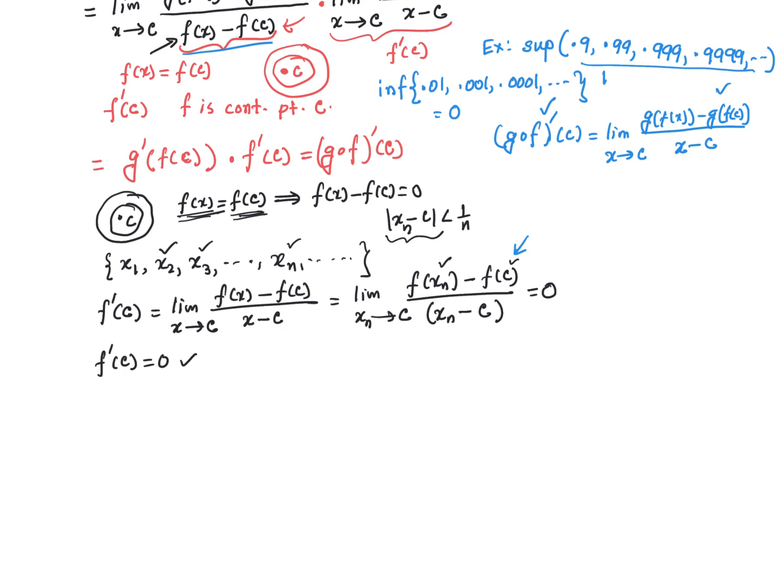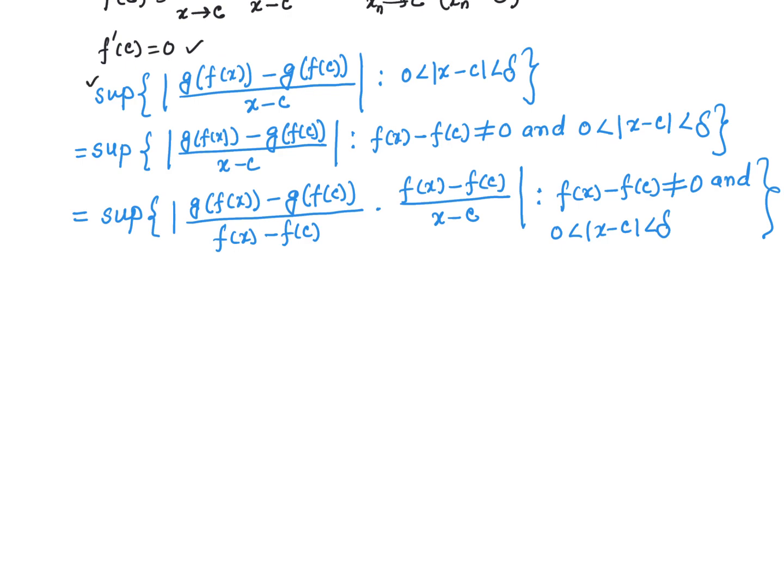We are going to be using a similar argument here. Let's consider the supremum of this expression: the absolute value of g of f of x minus g of f of c, divided by x minus c. We are considering the supremum of it with the condition 0 is less than the absolute value of x minus c, which is less than delta. Now remember, this is the same expression for which we are trying to find the limit as x approaches c to find the derivative of g composed with f at c.